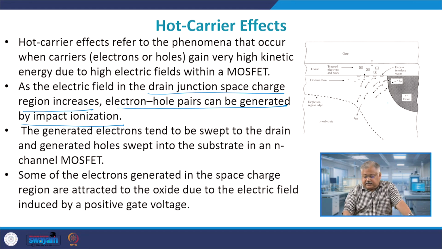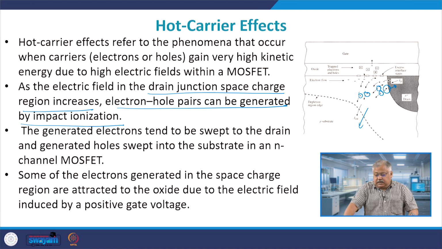If you look at the right hand side, you see the electrons, because you have a positive bias here, moving towards the drain, and the holes, which are given by crosses, moving towards the surface. This is known as a drain to bulk current, right. There will be a drain to bulk current.